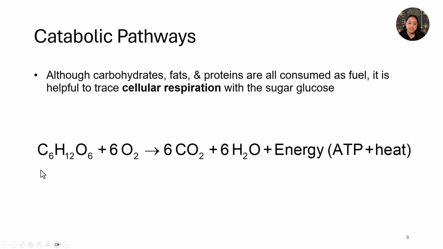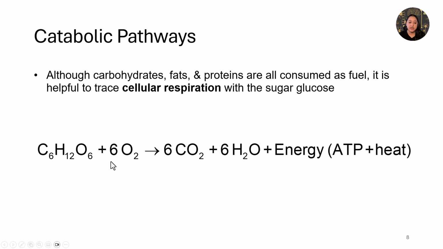So this is a balanced equation. It's a whole series of reactions, and at the end, there should be the same amount of carbon atoms, just rearranged and now put into carbon dioxide. And then we happen to make water as well. So we'll talk about all of this, but this is the big picture of cellular respiration.